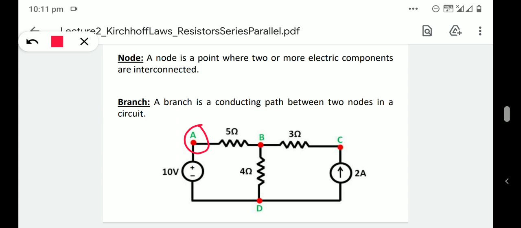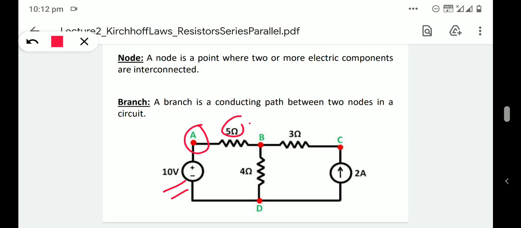Here two electric components, that is one voltage source of 10 volt and a resistance of 5 ohm, are interconnected at point A. So A is a node.